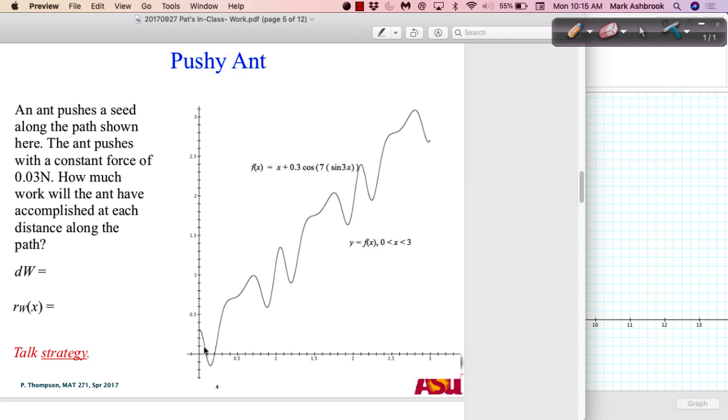So for changes in x, it's covering a lot more territory. So we're going to expect around 0.1, 0.2, 0.3 to see a higher increase in accumulated work than we do at, say, 0.5 for a change in x. Does that make sense? Let's take a look.